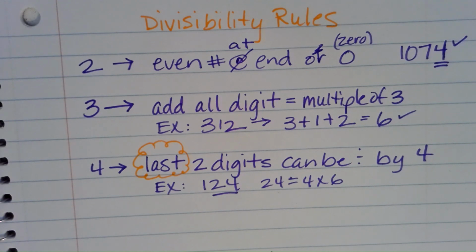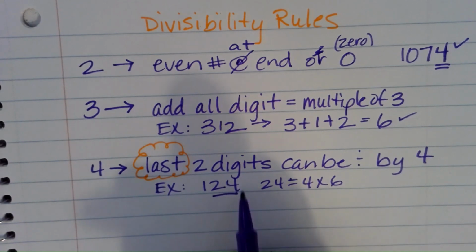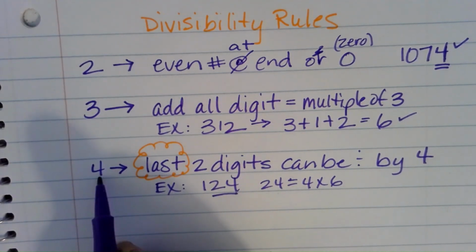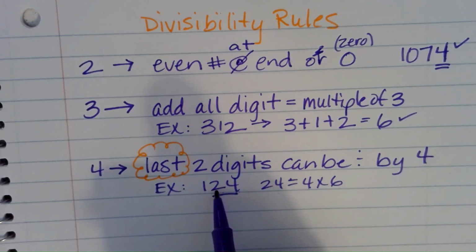I do have a question. So say it's 124, and then you divide 4 times 6. Why do you do that? I said that 124 is divisible by 4 if the last two digits, which are 2 and 4, can be divided by 4.